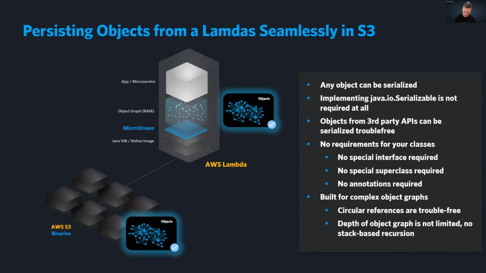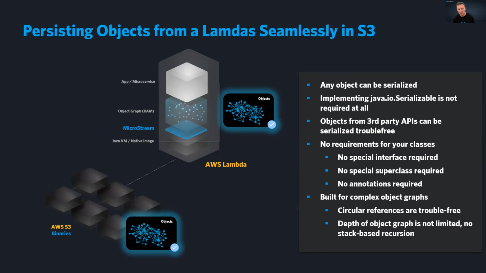Which approach is faster, JSON or MicroStream, depends on the complexity of your objects. The more complex your objects become, the faster MicroStream is in comparison. If you serialize simple flat objects, then perhaps JSON will be even faster.